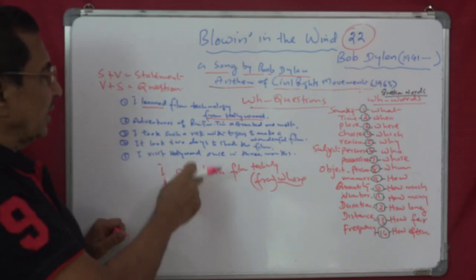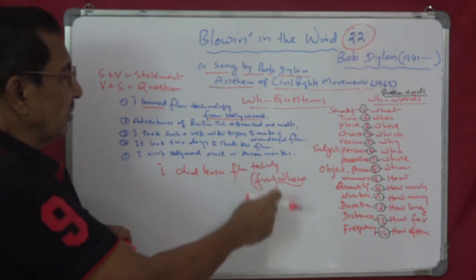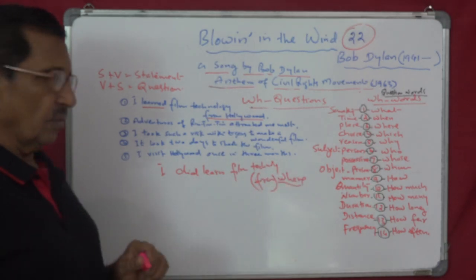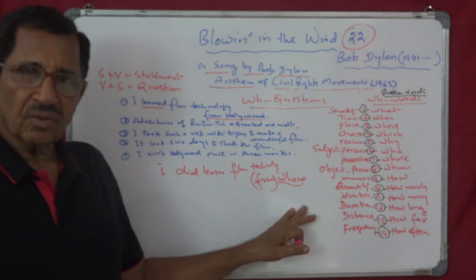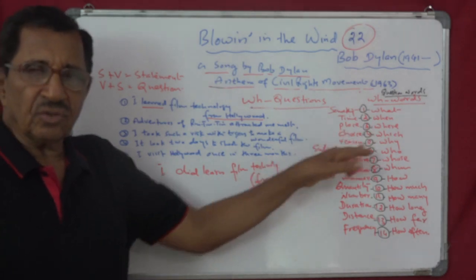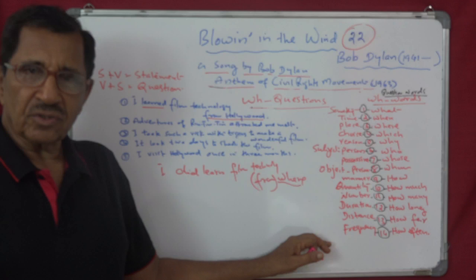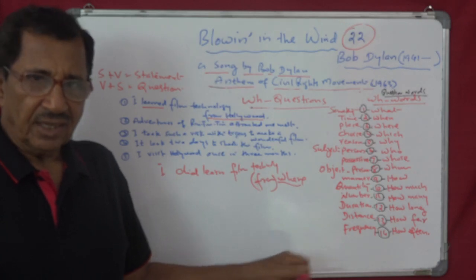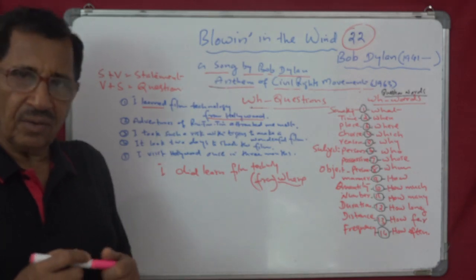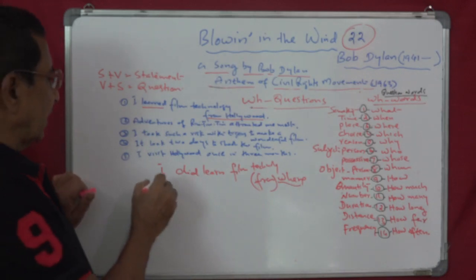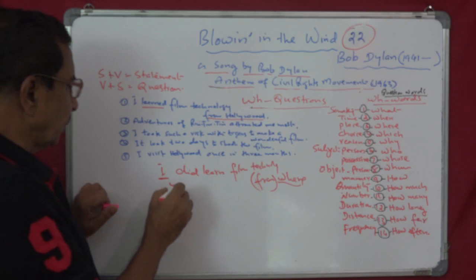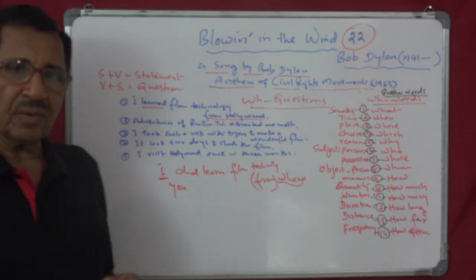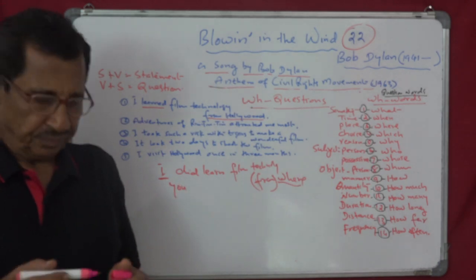So I did learn film technology from Hollywood. Okay, so you want to get the answer, Hollywood. So the suitable question word is where. In question word questions, now another point you have noticed, answer is I. So the question will be asked to you, not I. Question will be asked to you.